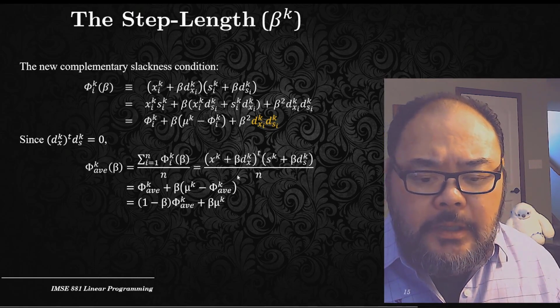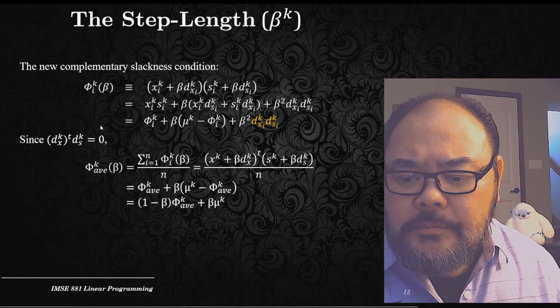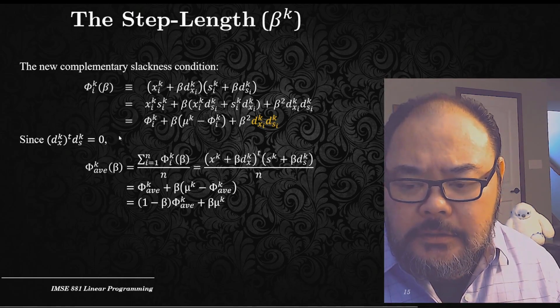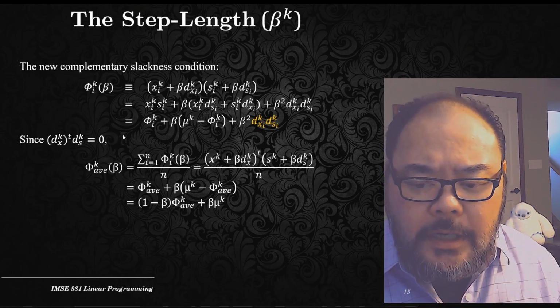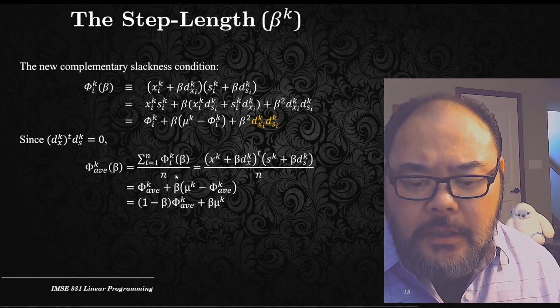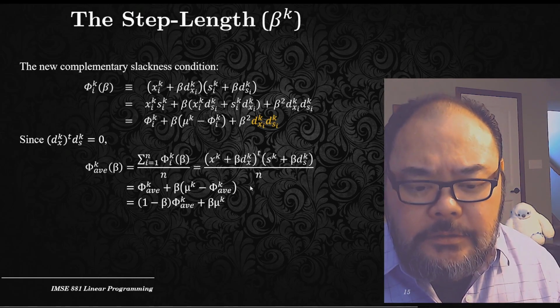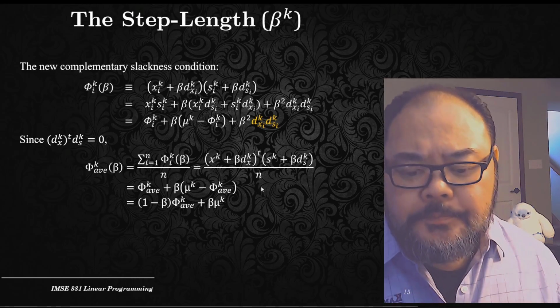Once we multiply these out, because the primal direction times the dual slack direction equals 0, the quadratic term disappears.